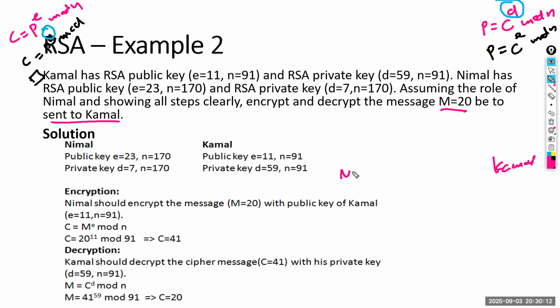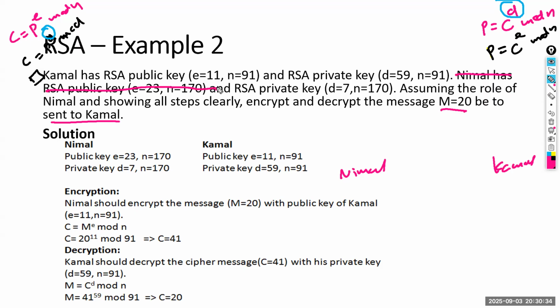Who is sending? Nimal. And this is not digital signing, this is an encryption decryption question. So therefore, who generates the keys? Kamal. So therefore, you don't need this. Nimal's public key and private key are unnecessary details.